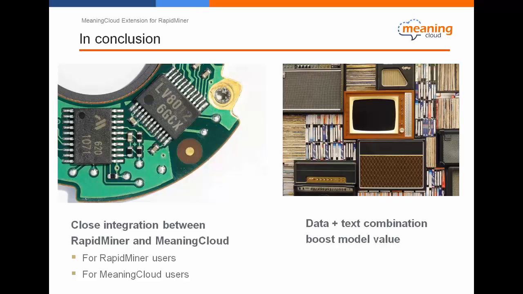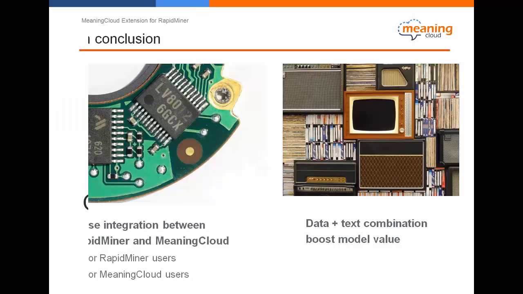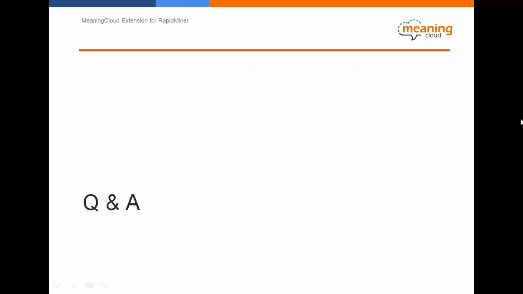And if you're a RapidMiner user, you can not only do database analytics, but really embed text analytics within your workflows. In the end, all users have the possibility to multiply the value of their models by combining traditional structured data with this new world of text analytics. And that's it from my part.